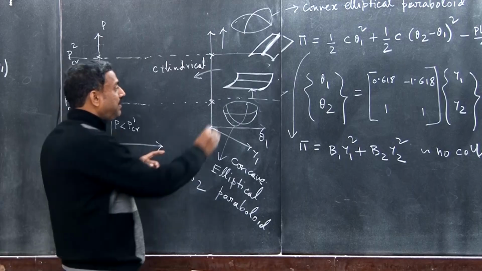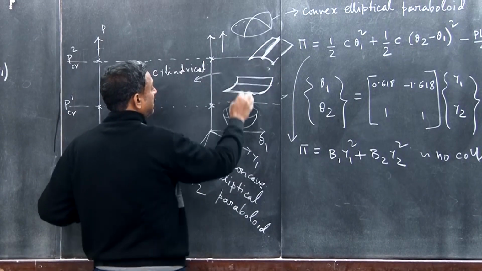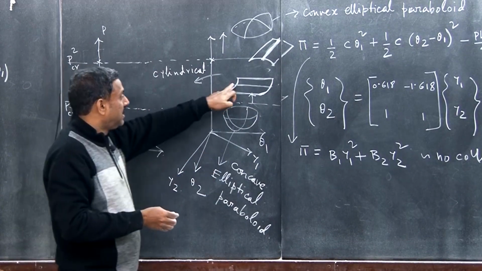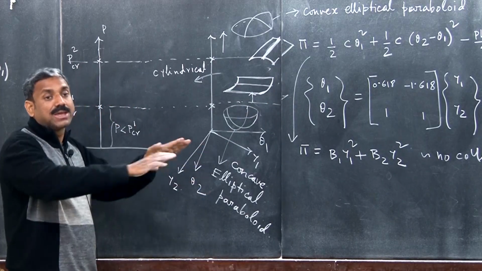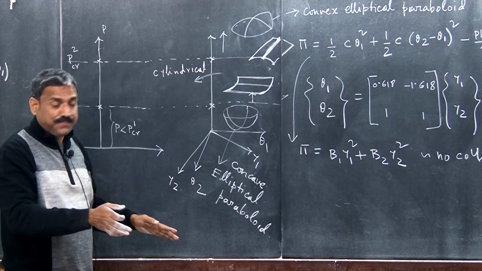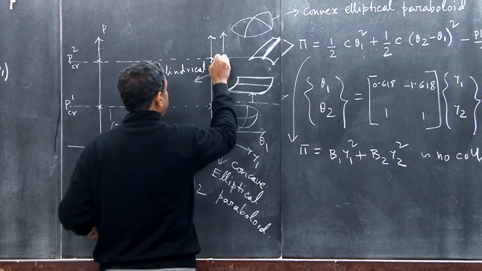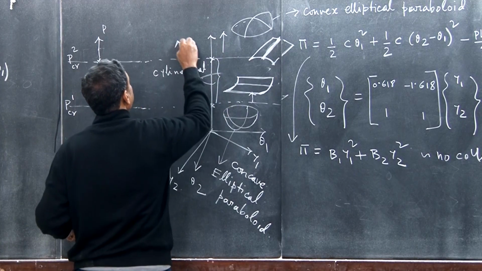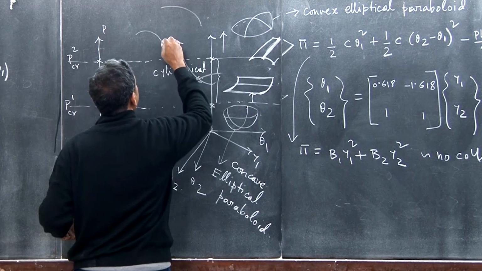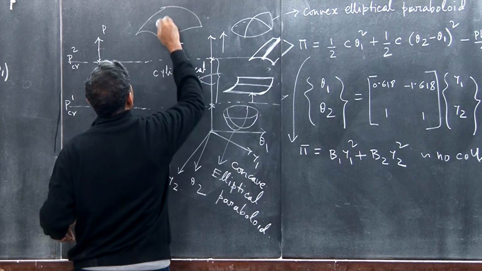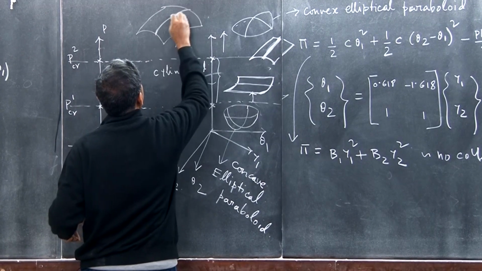In between, that means between this and this, it will not be perfectly cylindrical. It will have a concave surface.